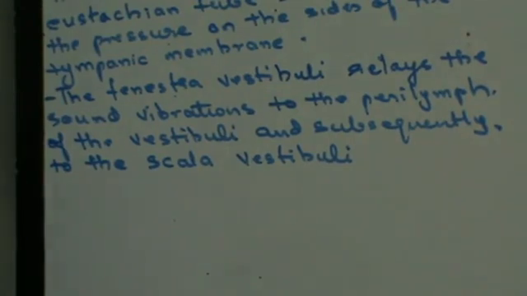So you would have the sound waves transmitted from the fenestra vestibule into the perilymph, and from the perilymph they would go into the scala vestibule.